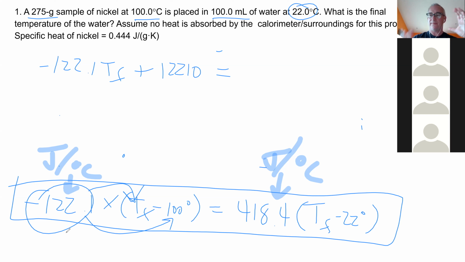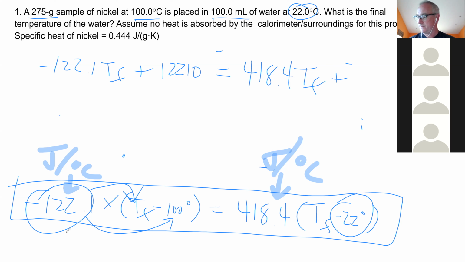I'm multiplying a number by something in brackets, so I multiply that number by everything that's in the brackets. So on the other side, I've got 418.4 TF plus, now we have a minus number here. So that's going to be minus 418.4 times 22. So 9,204.8.